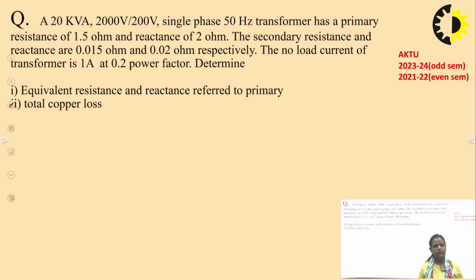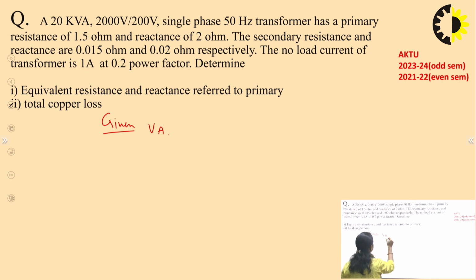Now you have to find the equivalent resistance and reactance referred to primary. So how will you solve this question? First we will write the given values. What is given? VA rating is given, 20 into 10 power 3, right?